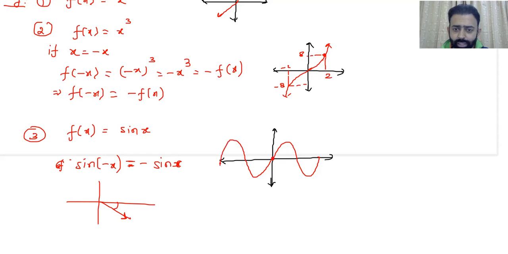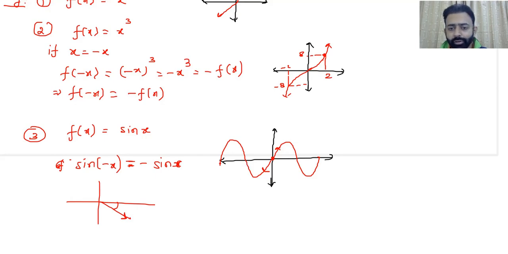As you can see, you are increasing in this direction, and in the negative x, if you give the input as negative, it will decrease like this. But the course of movement will remain the same. If you are increasing in this fashion, you will decrease in this fashion. It's simple. So if you flip this curve, or let us say rotate this by 180 degrees, you will get the same curve.